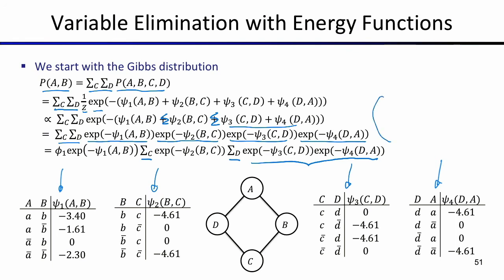So in this case we could have the exponential of minus whatever we had before here: psi3 CD plus the psi4 DA, and we computed these first, and after we have computed these, we eliminated the variable D as we had before. Because we have this multiplication here, we are not eliminating any variable, so we are not doing any summations with this term here, so we can compute as we had before and eliminate the variable D afterwards.